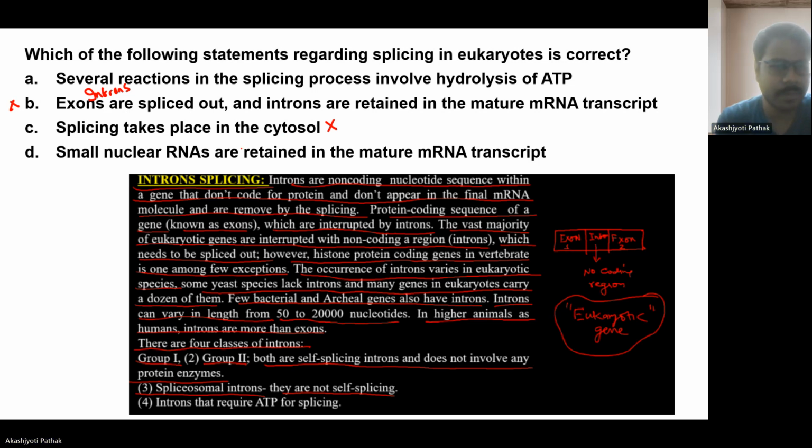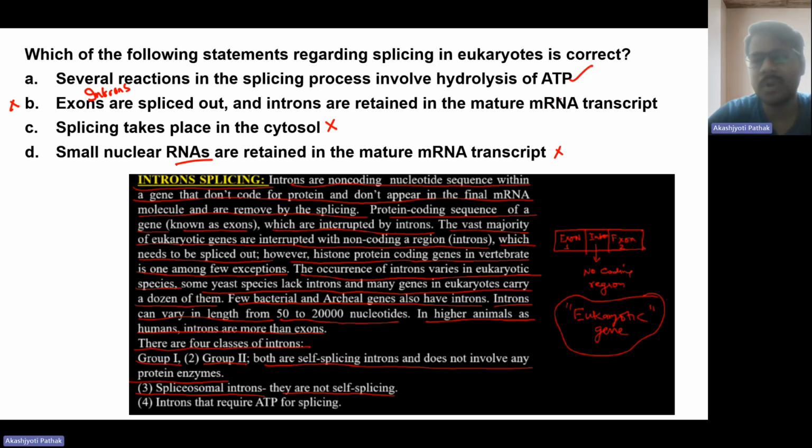Then, small nuclear RNAs are retained in the mature mRNA transcript. This is also wrong. The mature mRNA transcript will only have the exons. It will neither have introns nor small nuclear RNAs. So the correct answer is option A.